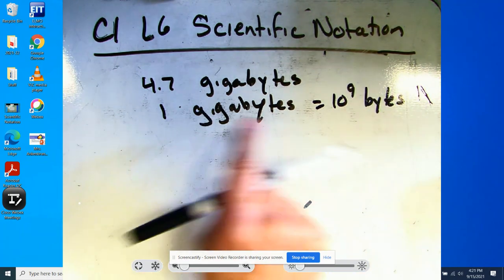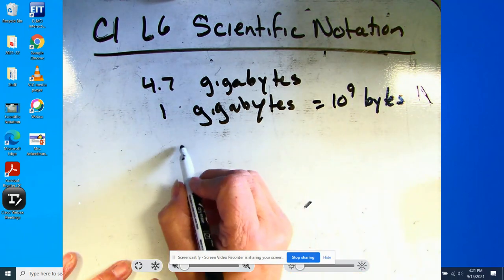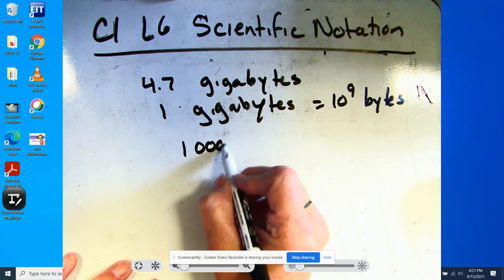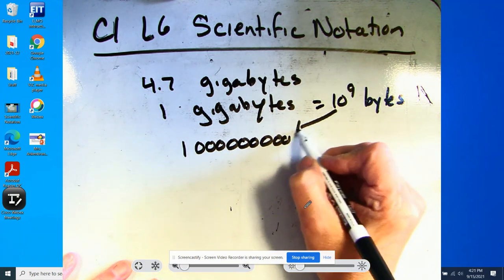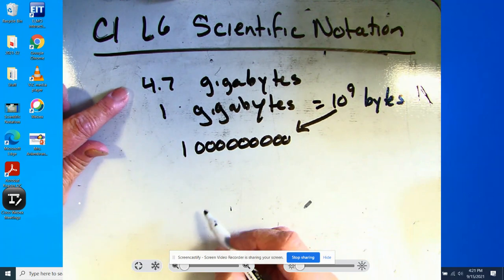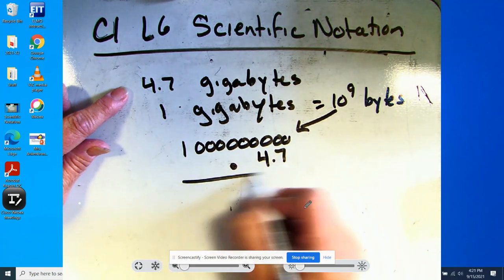How many bytes would this have? Well, 10 to the power of 9 we know is a 1 with 9 zeros. That's this. If it has 4.7, that means we would then multiply this by 4.7 to get our answer.